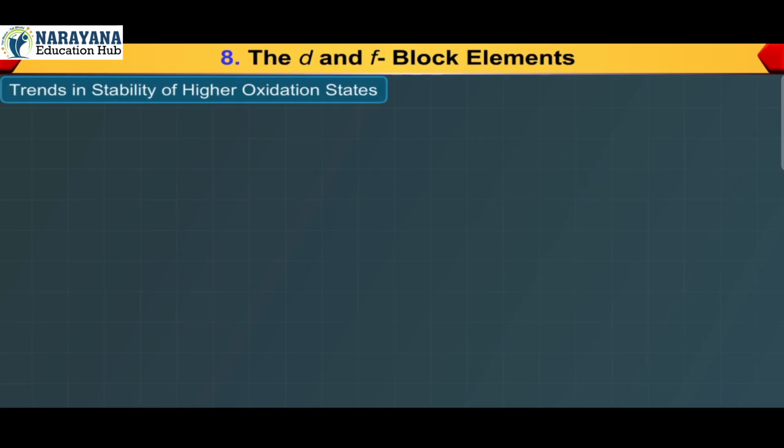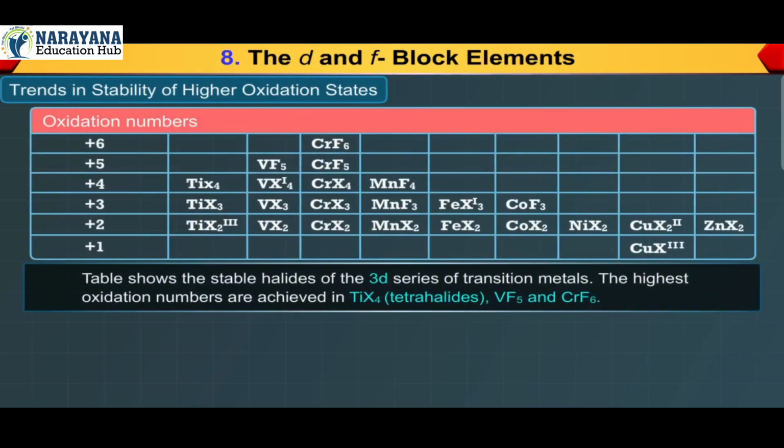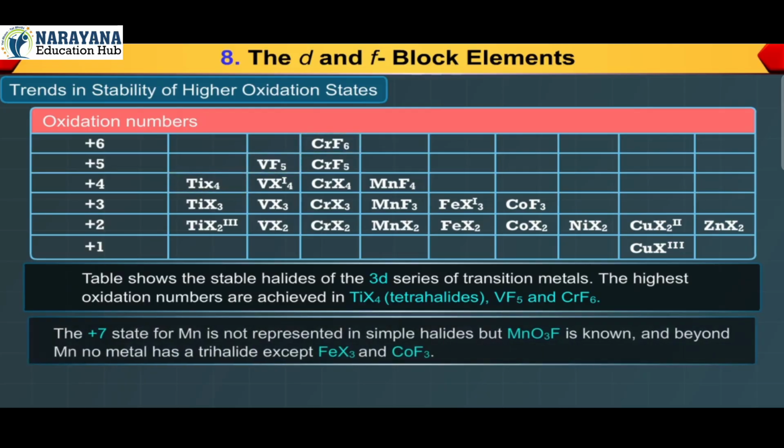Trends in stability of higher oxidation states. The table shows the stable halides of the 3d series of transition metals. The highest oxidation numbers are achieved in TiX4, that is tetrahalides, VF5 and CrF6.